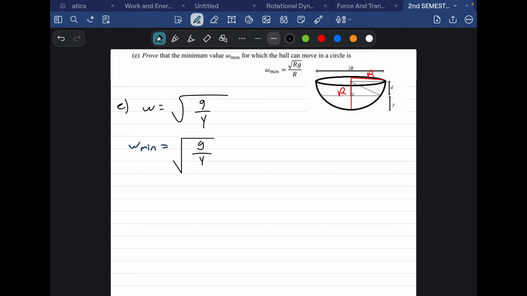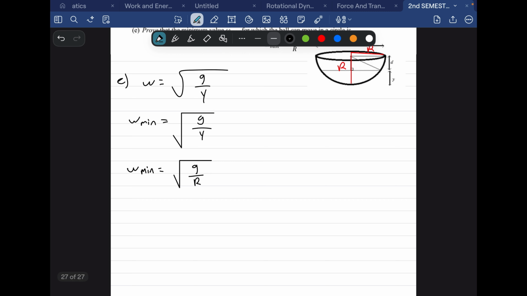So that means your Y is equal to R in omega mean. So omega mean is equal to radical G over capital R. And then we don't want radical R on the bottom because it's improper.